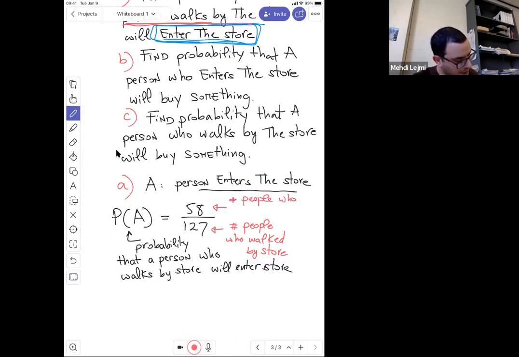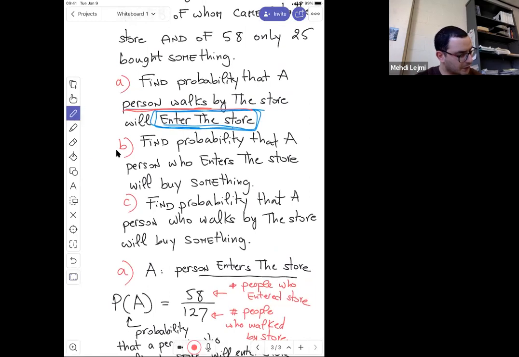What we are saying here is out of the 127 people who walked by the store, 58 entered the store. That would be my probability of the event A. Again, it's the frequency of the event, the people who entered the store, and the size of the sample is the people who walked by the store.